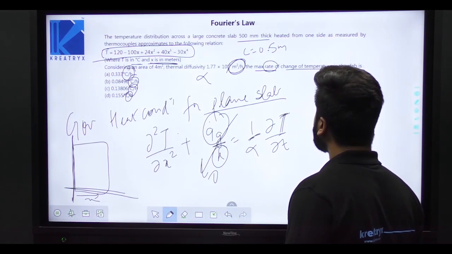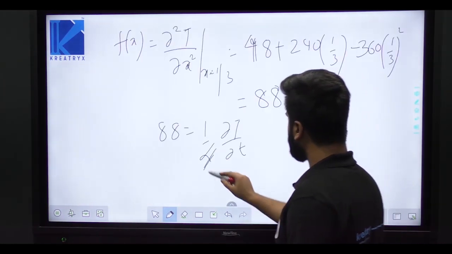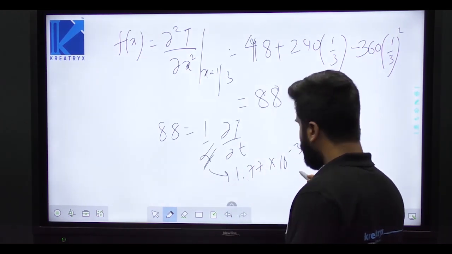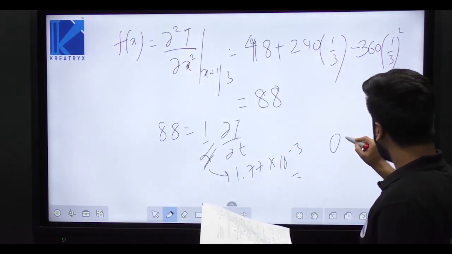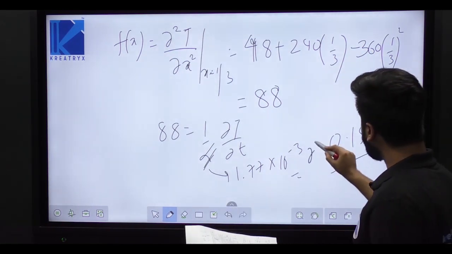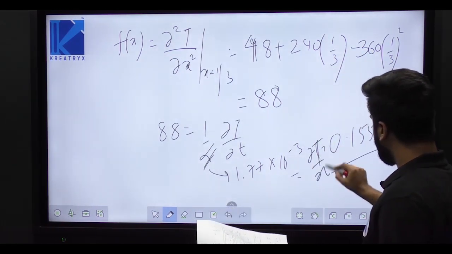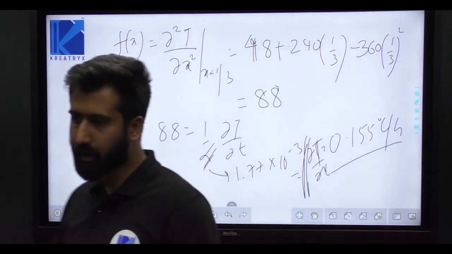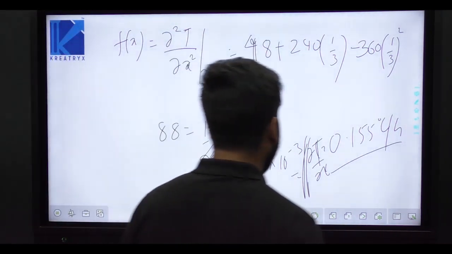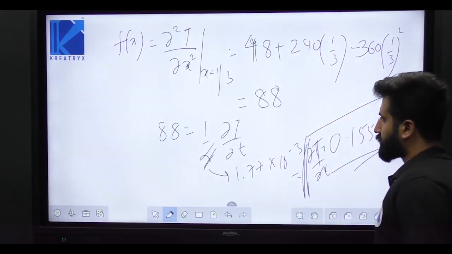So put α equal to 1.77 into 10 to the minus 3. And you will get the answer as 0.155 degrees Celsius per hour. Right. This will be ∂T/∂t. Yeah, this is the answer. Let me confirm it. Yes, this is the answer. So this is the answer.